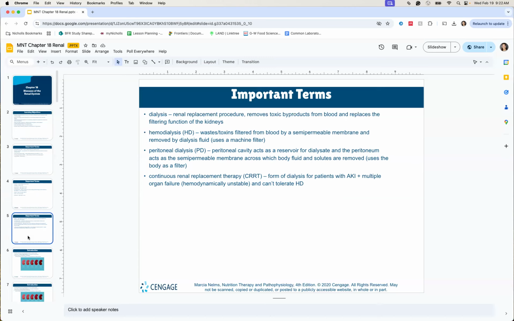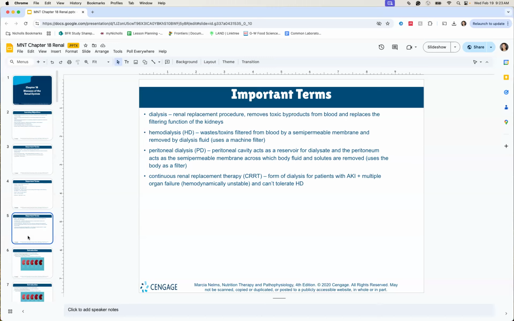And then finally, there's CRRT, or continuous renal replacement therapy. Think of this as really high level dialysis. This is reserved for our patients with AKI, or acute kidney injury, who usually have multiple organ failure or are hemodynamically unstable and can't tolerate hemodialysis.